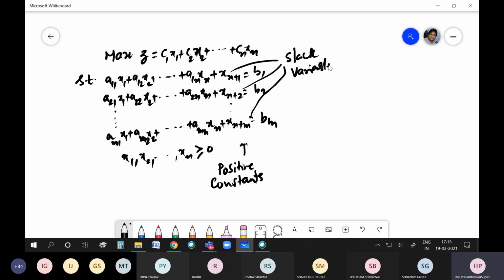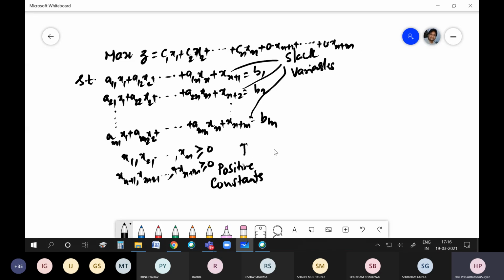They are basically positive values, so xn+1, xn+2, ..., xn+m should also be greater than or equal to 0. Once we do it, we also add these in the objective function by multiplying with 0: 0 times xn+1 plus and so on, plus 0 times xn+m.